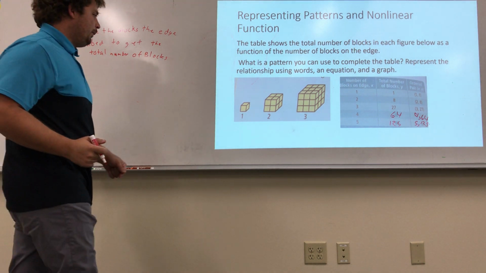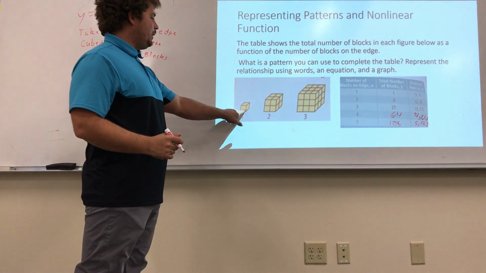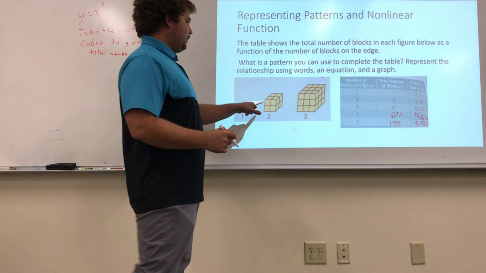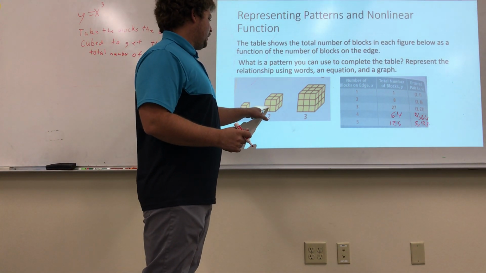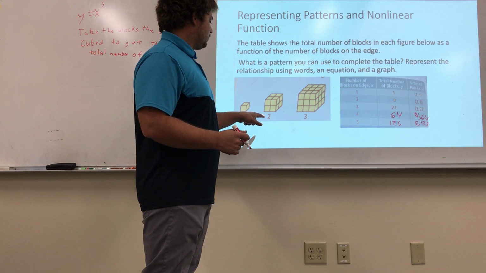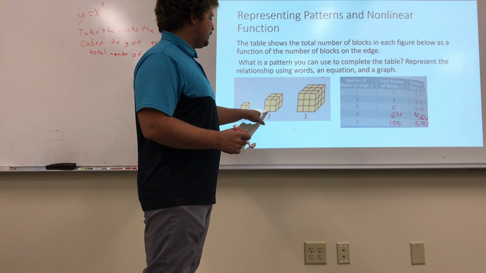So, number on the edge here is 1, right? 1 cubed is 1. Or is 2 on the edge. Alright. So there's only 2.